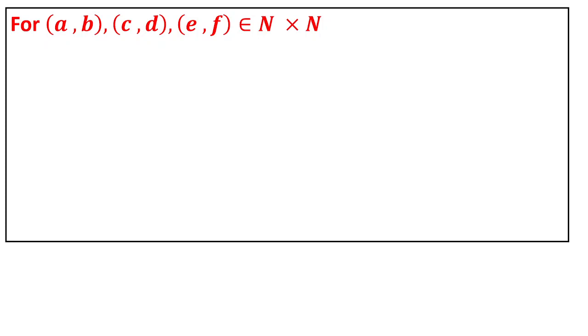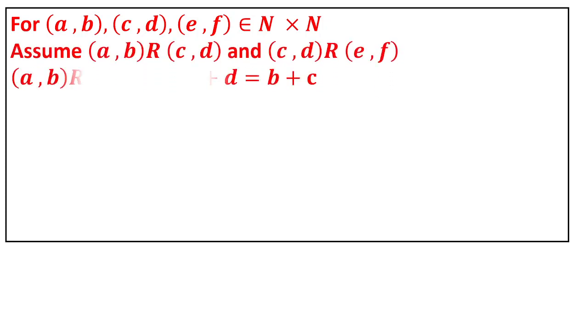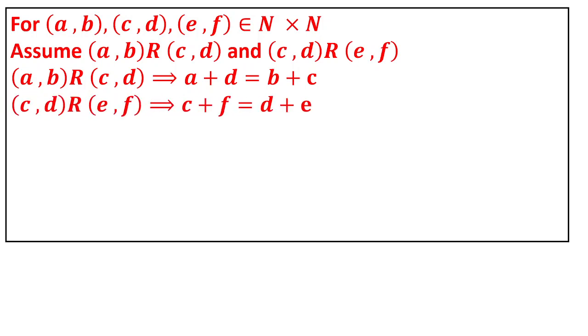Well, I am taking three elements now. First is related to the second, and second is related to the third. Therefore first is related to the second, so A plus D is equal to B plus C. Second is related to the third, therefore C plus F is equal to D plus E. Check out how it is added: first is added with the fourth number and second is added with the third number.